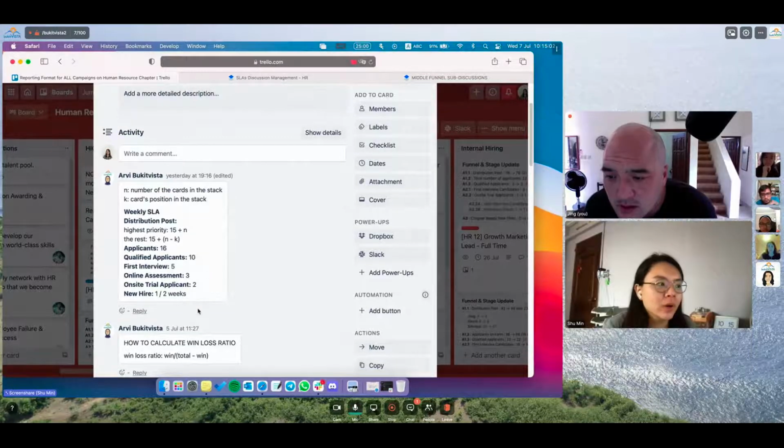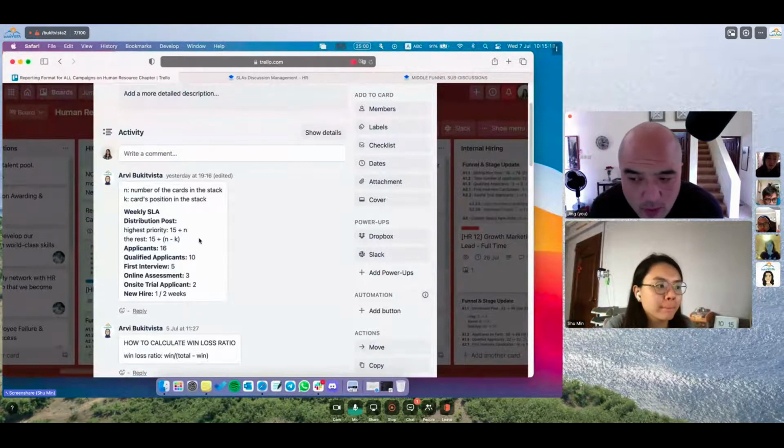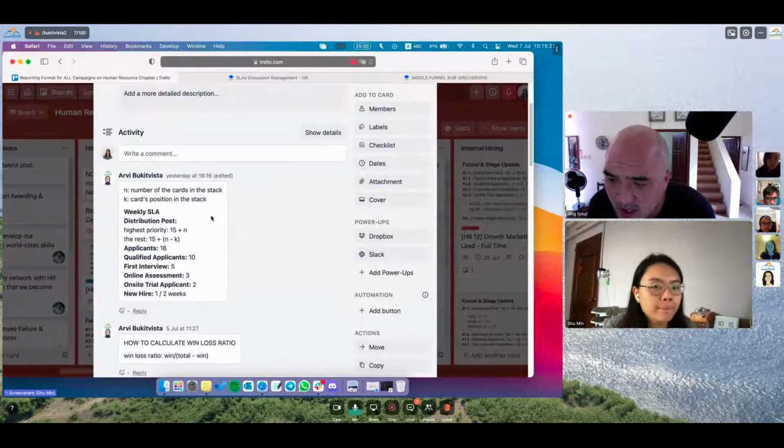So this is what we are intending to do, correct me if I'm wrong, Charlene and RB. This will be a guideline for all the campaigns. Then for each campaign, we will make some changes to the SLAs. What does N represent? Highest priority is 15 plus N, the number of cards in the stack, meaning the card's position in the stack.